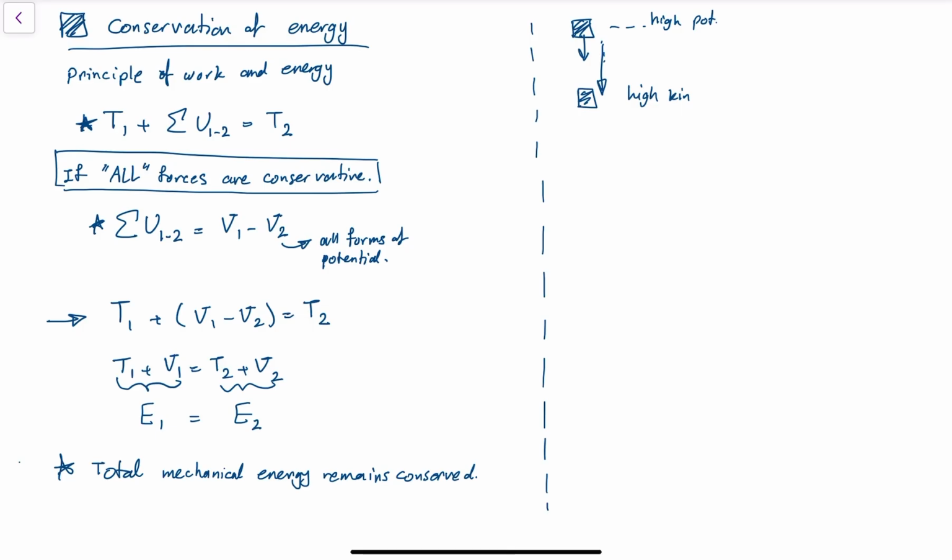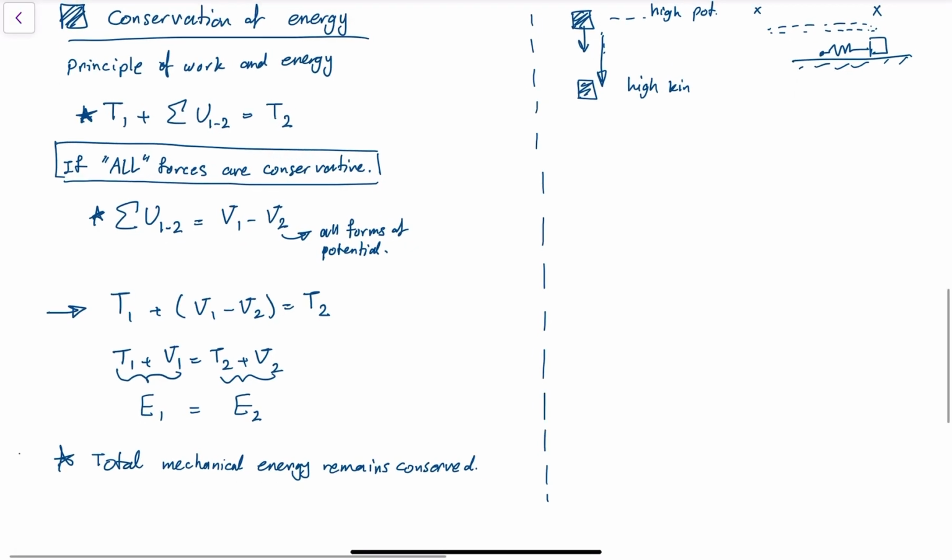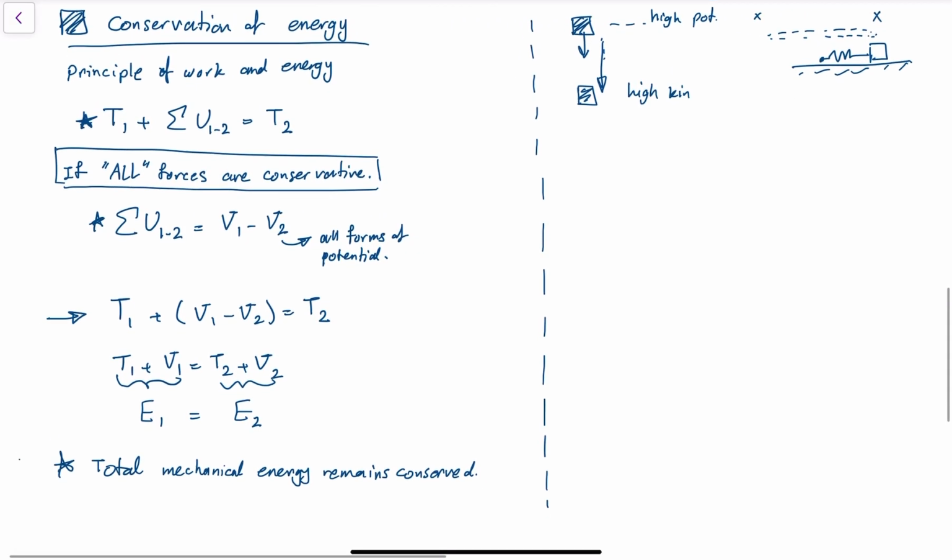Another good example that I like a lot is when you have an object attached to a spring. As you pull the spring back and let it go, the object oscillates back and forth. On the two ends, you have maximum stretch of the spring, so the only thing you have is potential energy.